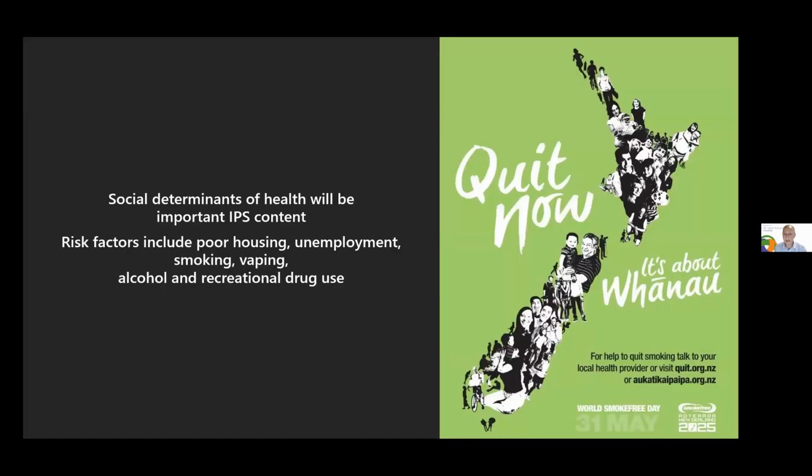The social determinants of health are important concerns in New Zealand. The IPS allows for social determinants to be expressed, and we need to make sure this is a structured and coded part of the record for it to be relevant in New Zealand.